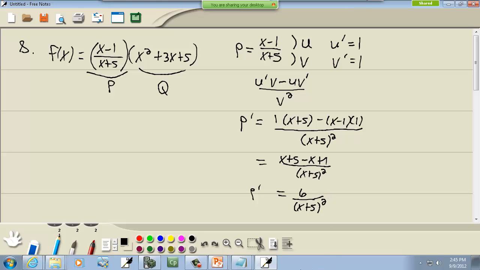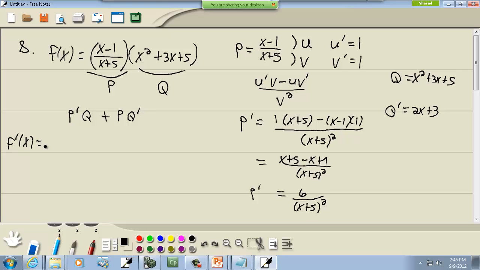Okay, q prime. Q prime's easier. Q is equal to x squared plus 3x plus 5. Q prime would be 2x plus 3. Okay, back to our problem. Our product rule says p prime q plus p q prime.